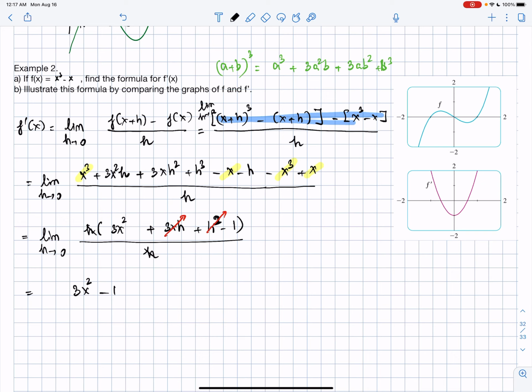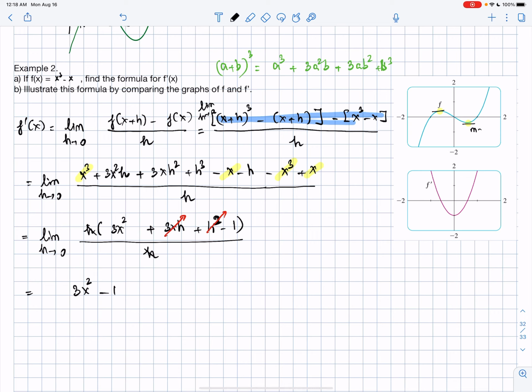Then in part B, they said that we will use this formula for comparing the graph of f and f prime. So we have the graph of f and f prime on the right hand side, and now let's notice that right here at this yellow point, the tangent line is horizontal.